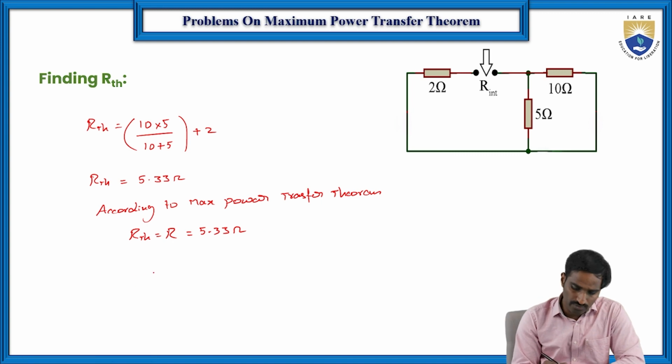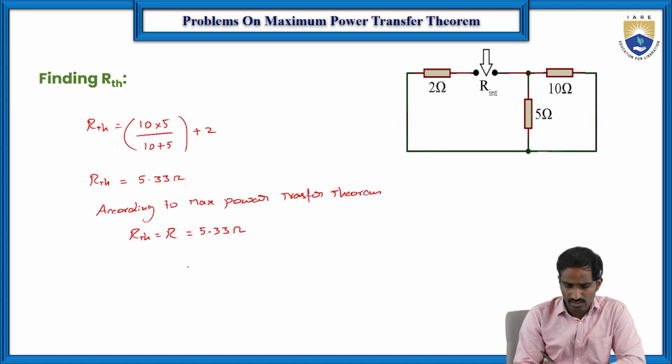Right. Now we need to find the maximum power flowing through that particular load resistor. So we know that P maximum is equal to VOC square by 4 into R.